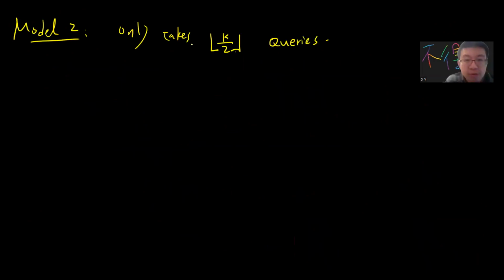Okay, sorry, should be ceiling function. Okay, so the previous one, if k is 2, we take 2, right? But there's a quantum model that only takes one query.